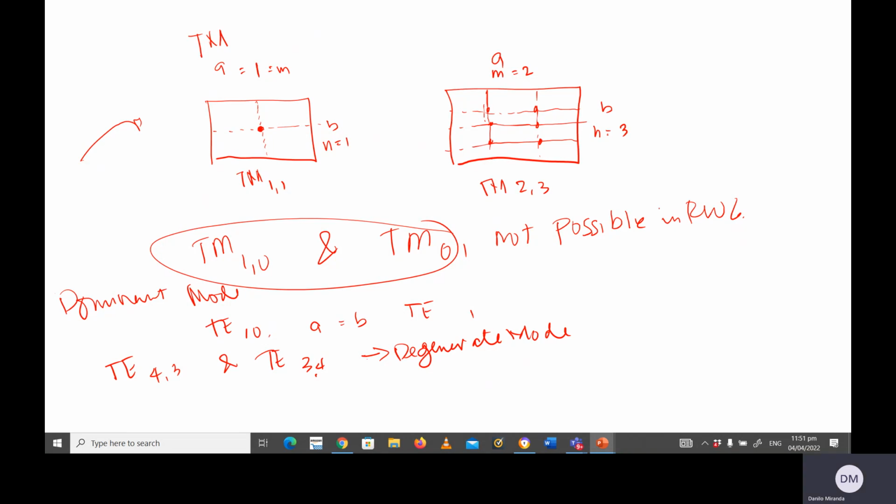Okay. So their cutoff frequency are the same. Ito siya, TE34 and TE40. Okay. So isang characteristic nila, their cutoff frequency are the same. Okay.